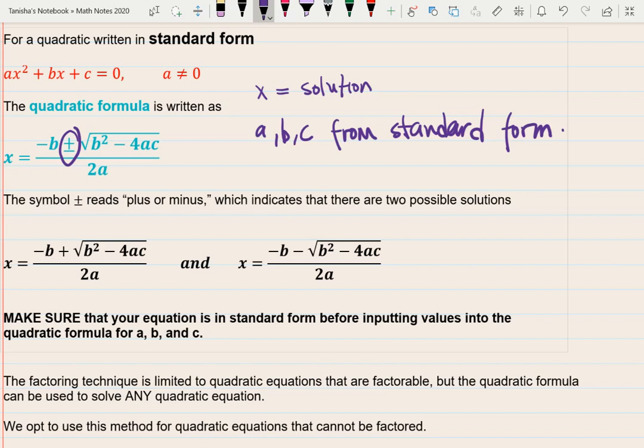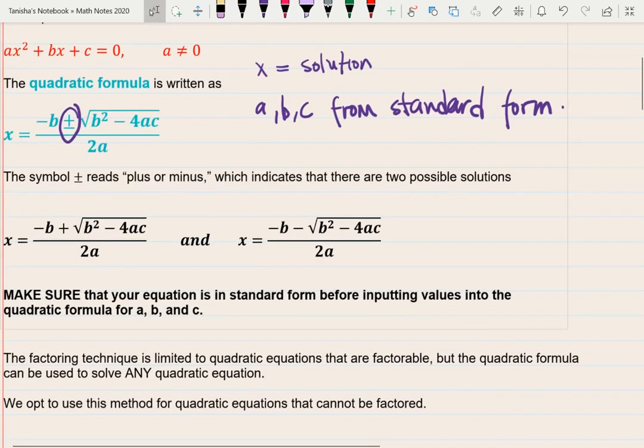So you're applying two different operations separately. It's the plus and the minus. You can't do plus and minus at the same time. This is just to differentiate the two different solutions that you get from adding the square root and then subtracting the square root.